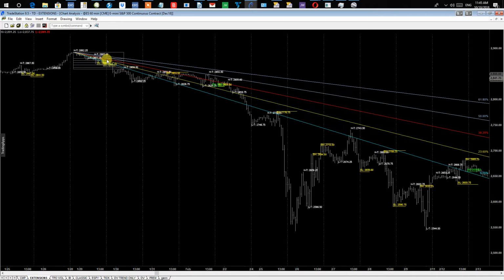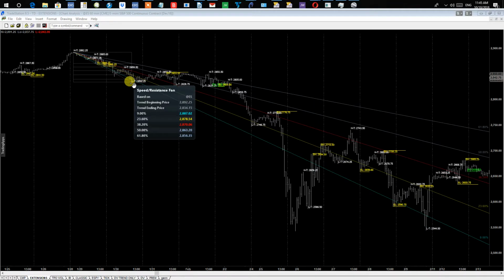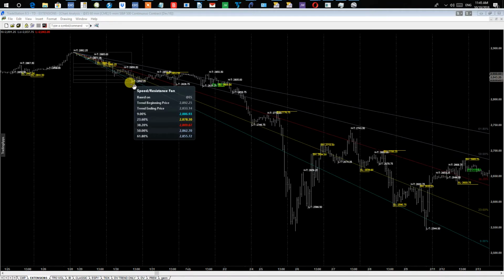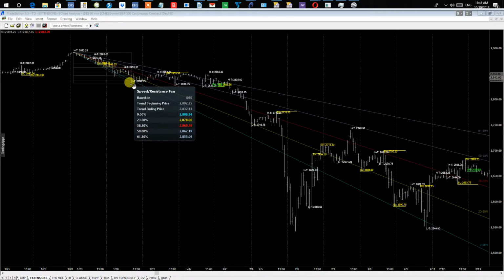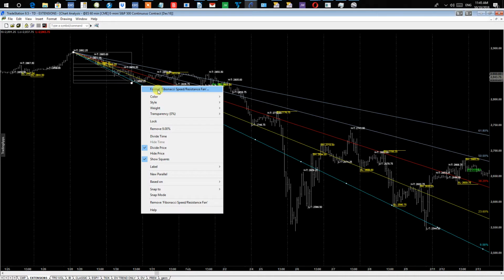Now let's look at a falling market looking for lower lows. To do that, we're going to use a high point and a low pivot. So for example, here's our high, here's our low at 28.32.25.